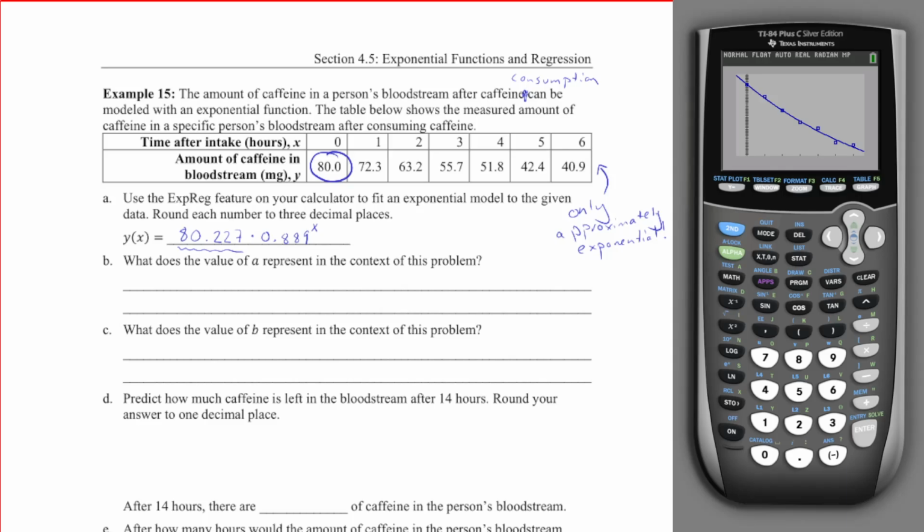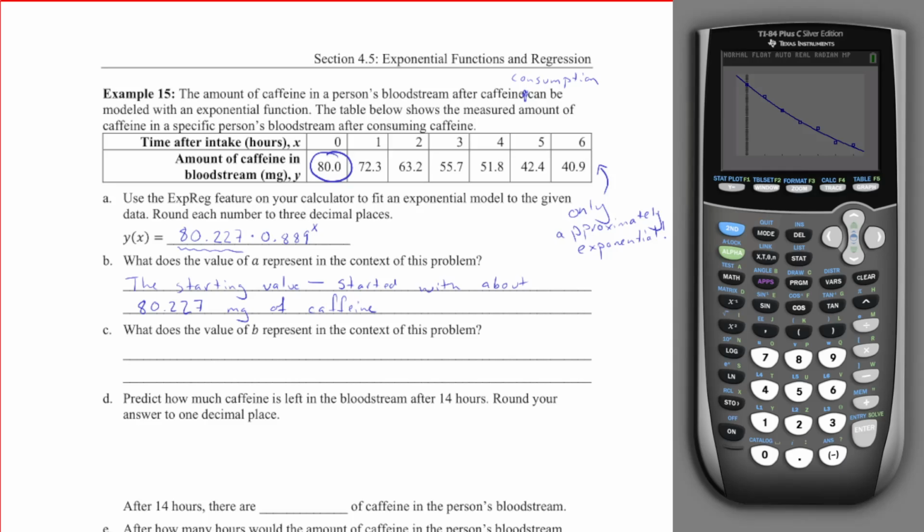That's okay. We can give interpretations to the equation. The value of A represents the starting value. This person started with about 80.227 milligrams of caffeine in their bloodstream.